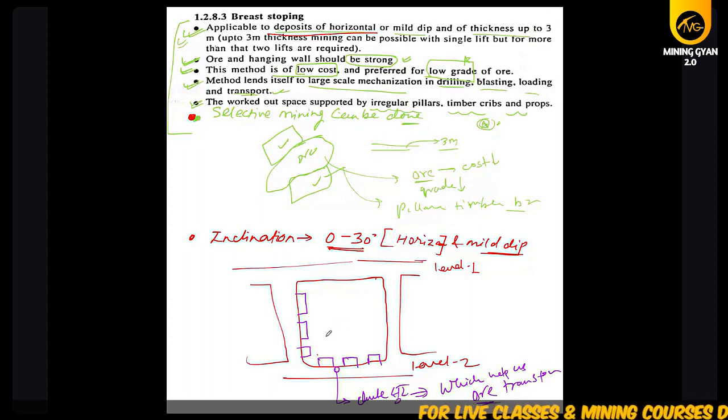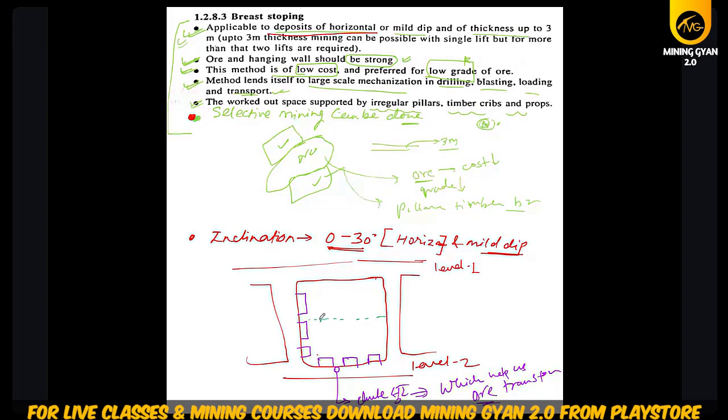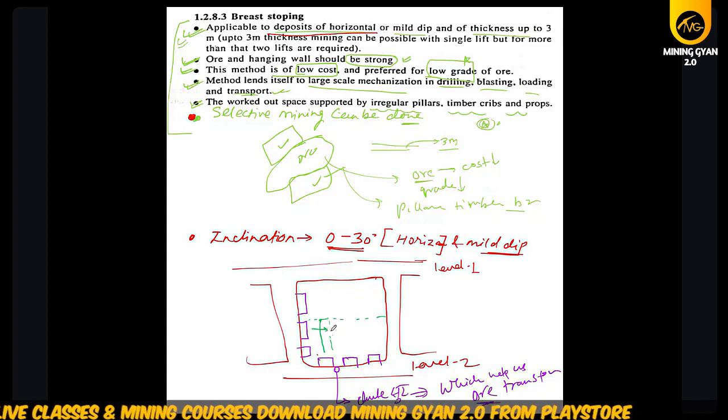So in this method we divide into 2 slices. This first slice we will extract, and when this slice goes there, we will start extracting this slice.